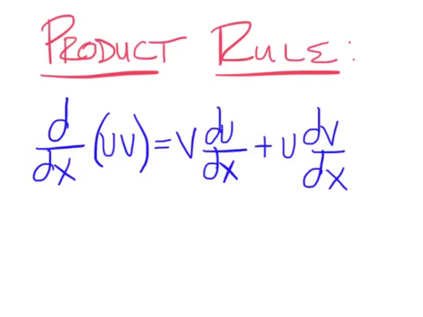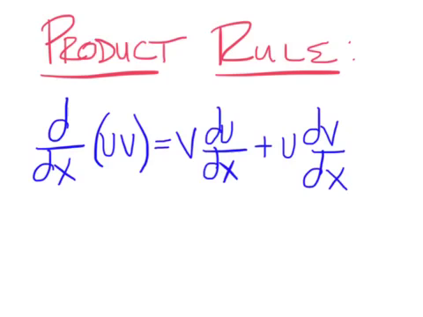So what you do is you start by writing whatever your v term is and multiply it by whatever the derivative of the first term is, the u. And then add to that u by itself multiplied by the derivative of the v term. And you'll see on the next page coming up, it's much easier once you see it done with the actual problem we're doing.